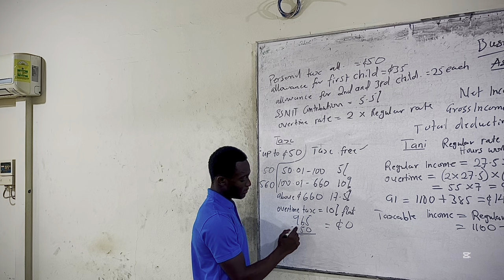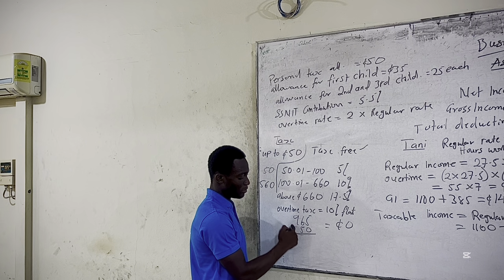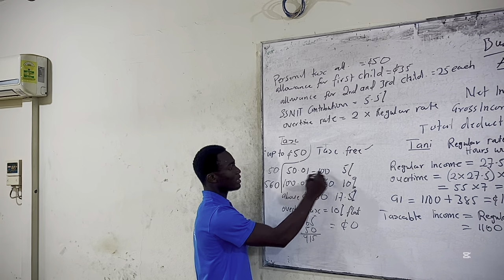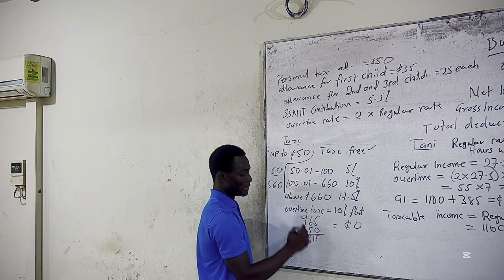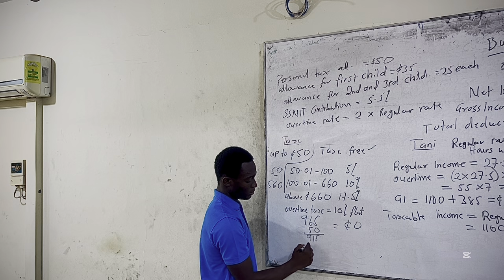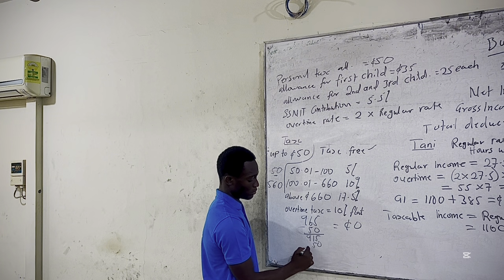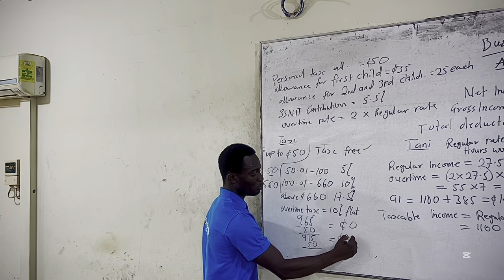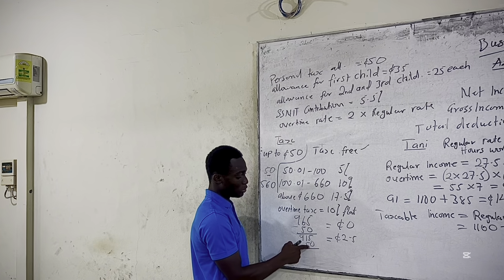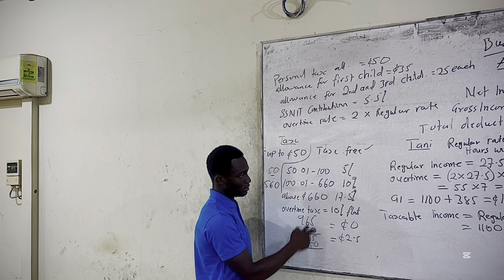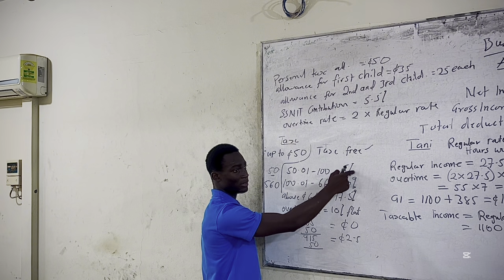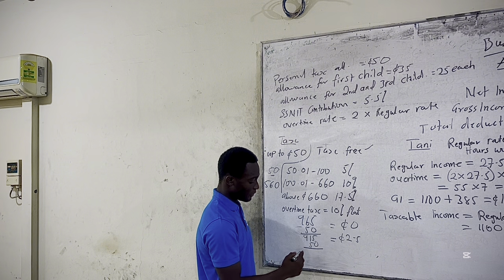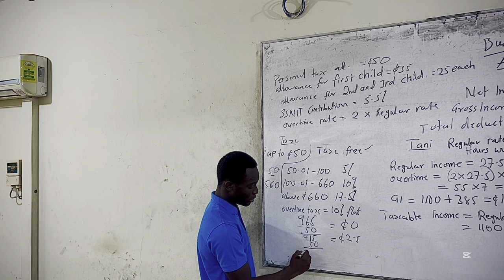The next is that you deduct this from that, giving you 915. Then you come to the next 50 cedis. And this is going to give you 2.5, because if you multiply 50 by 5%, you are going to get 2.5.